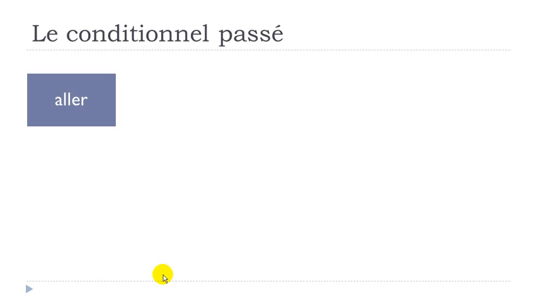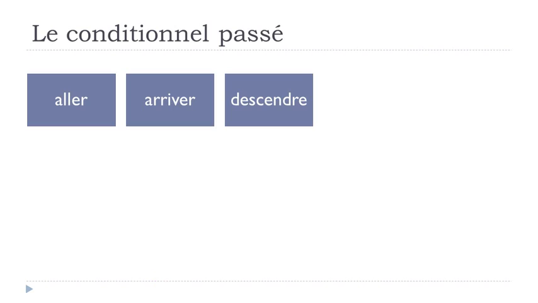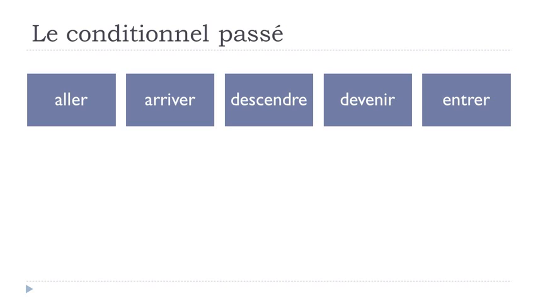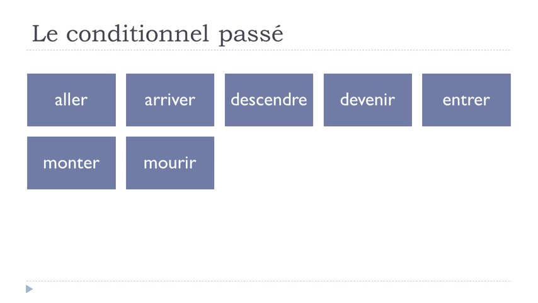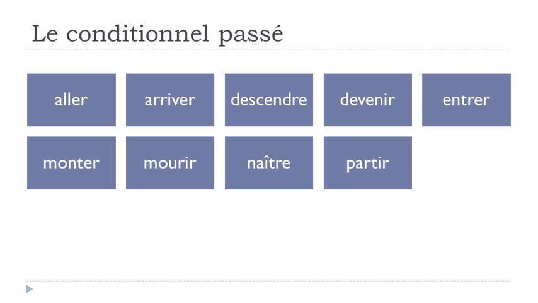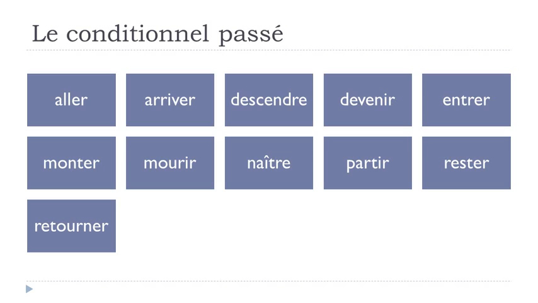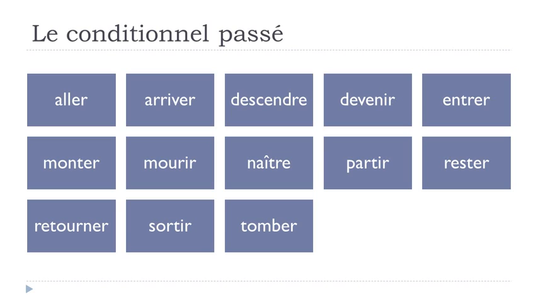The verbs that will require être will be the following: aller, to go; arriver, to arrive; descendre, to go down; devenir, to become; entrer, to enter, to come in, to go in; monter, to go up; mourir, to die; naître, to be born; partir, to leave; rester, to stay; retourner, to return; sortir, to go out; tomber, to fall; venir, to come.